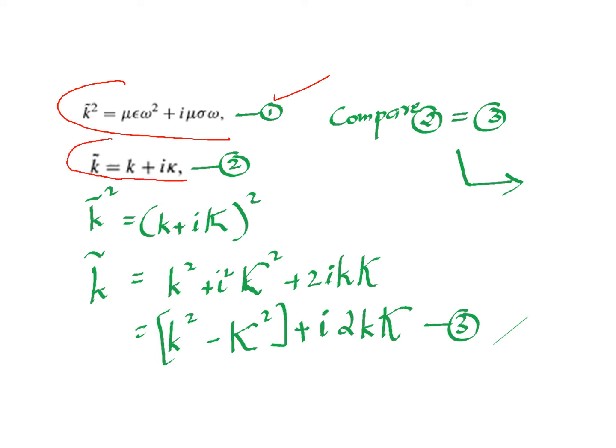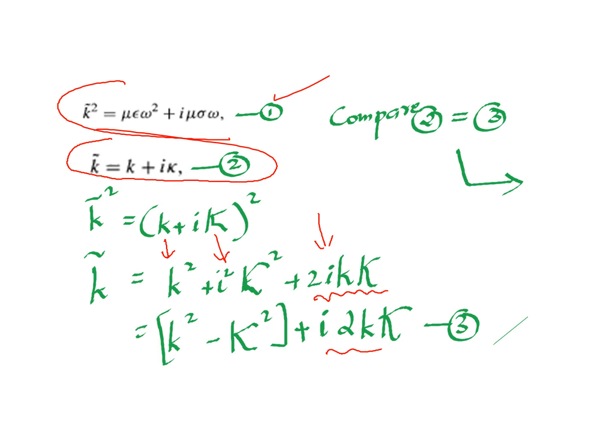Also, in the previous slide, we noticed k bar is equal to k plus i kappa, equation number 2. Square this equation, we'll get k bar square is equal to (k plus i kappa) whole square. Expanding by utilizing the (a plus b) whole square formula, that is a square plus b square plus 2ab, and we know that i square is minus 1, we get k square minus kappa square plus i 2k kappa.